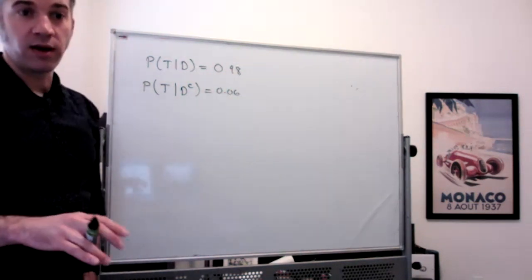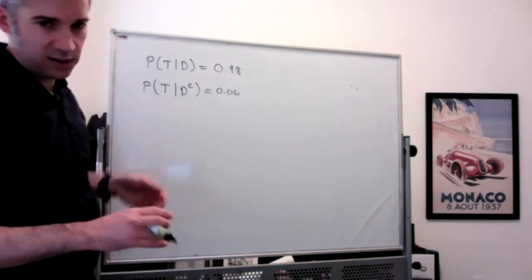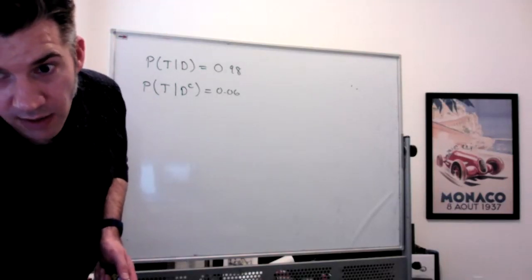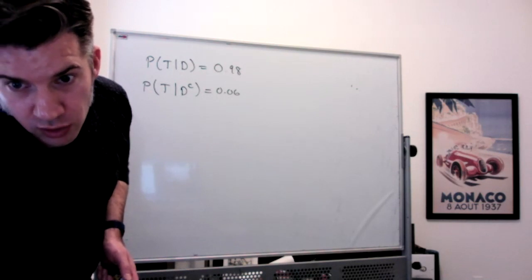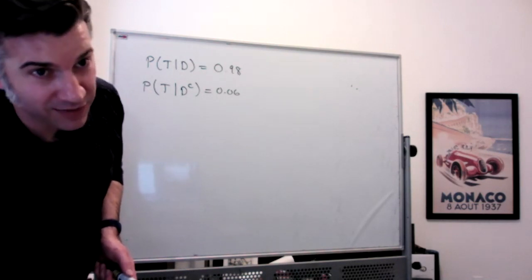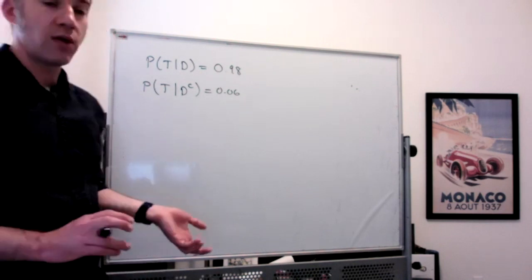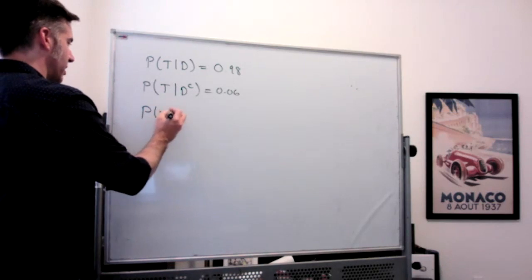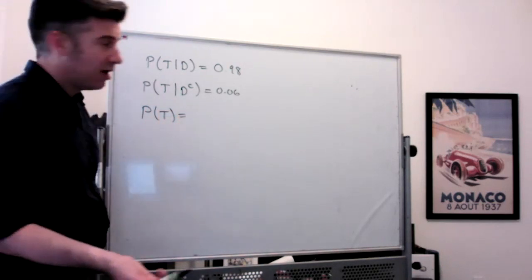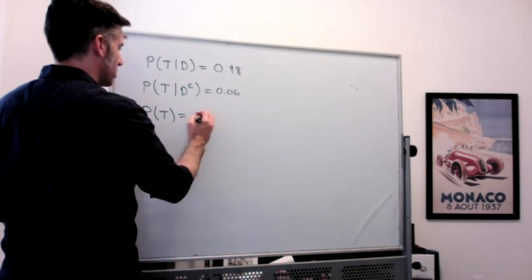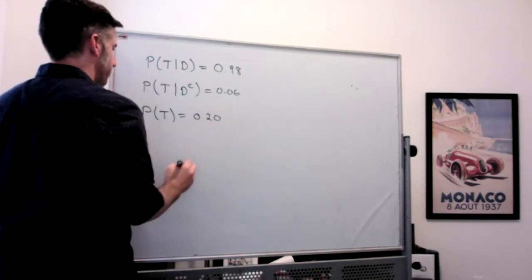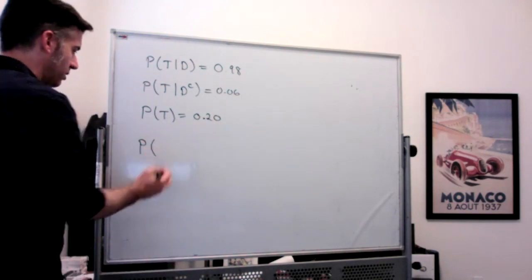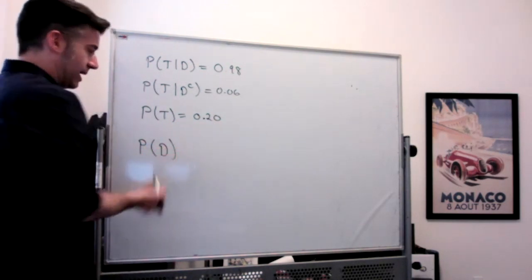But now instead of knowing the prevalence of the disease, we know the likeliness of testing positive. So let's say I know that the probability of a positive test, I'm just going to make up a number here, is 20%. I want to know what's the probability that a random person has the disease.